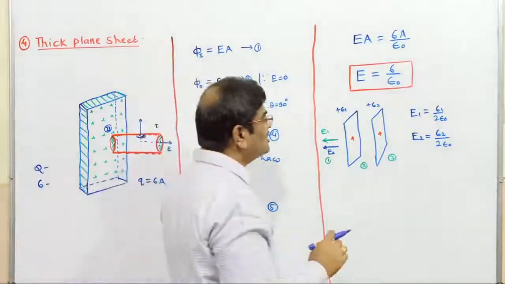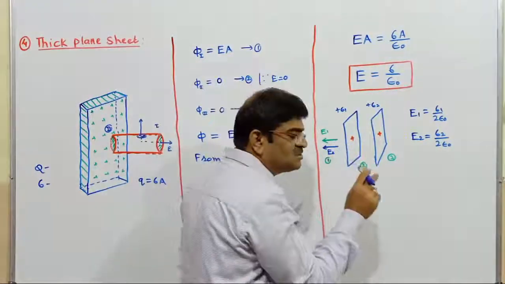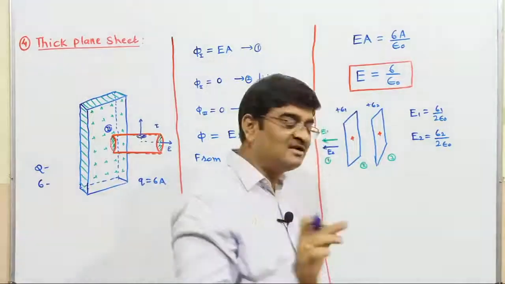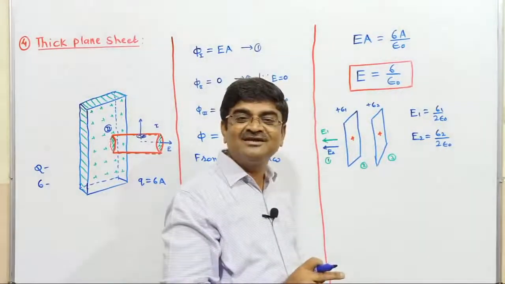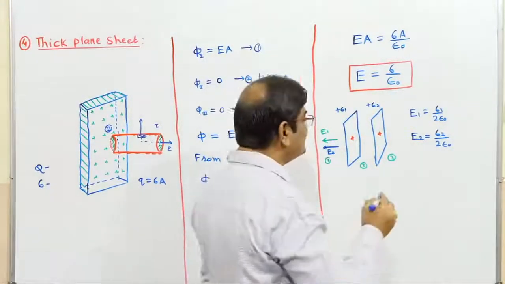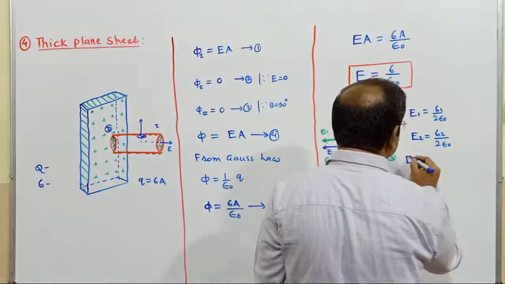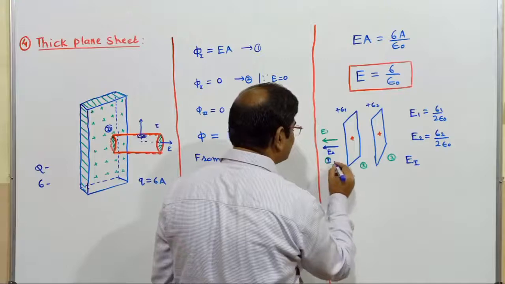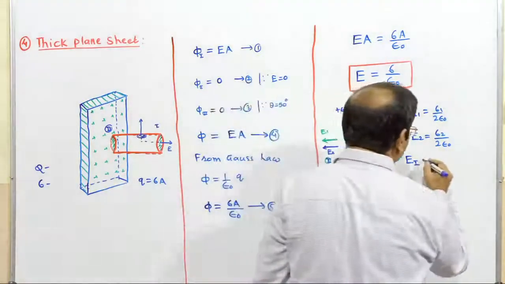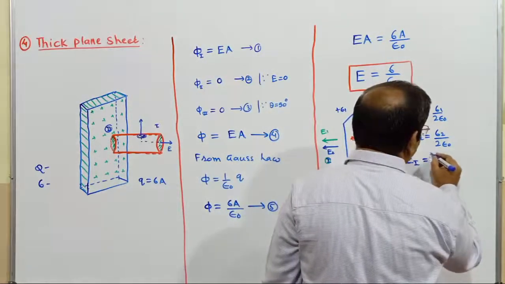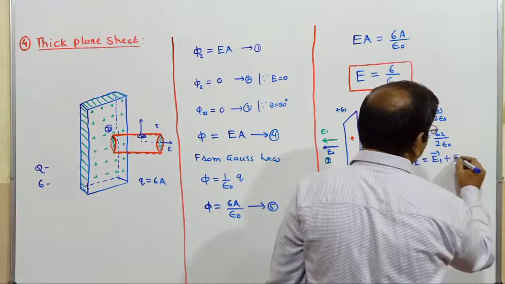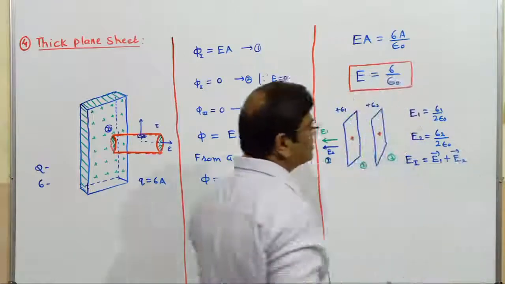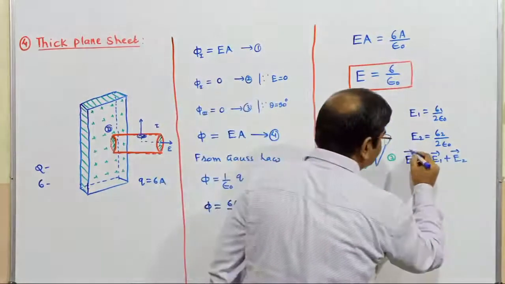Correct? So then these two intensities, you can look here children, are in the same direction. So resultant electric intensity at the first place, this is my first place I can see. How much am I getting? Intensity contributed by the first sheet, intensity contributed by the second sheet.